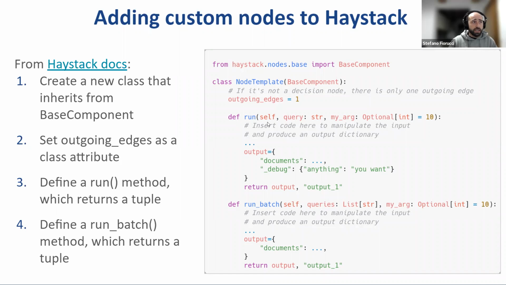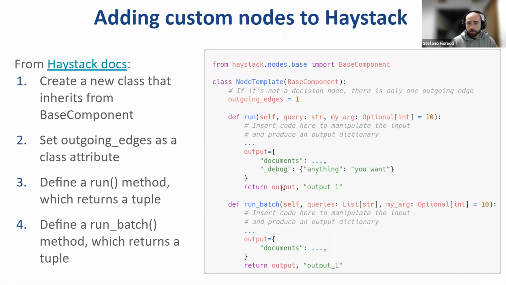And the input arguments of this run method should consist of all configuration parameters that you want to allow, and also the data arguments that you expect as input from a previous node. For example, data parameters can be documents, query, file paths, and so on. The run method should return a tuple.